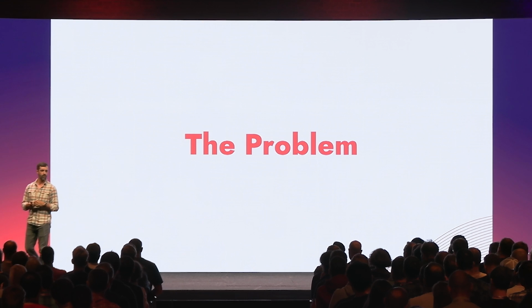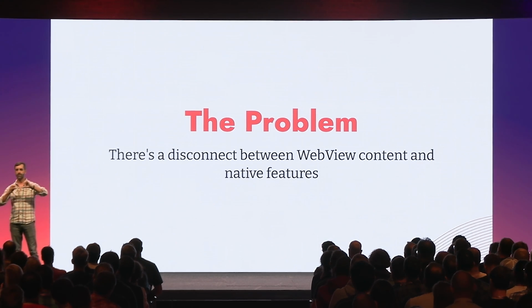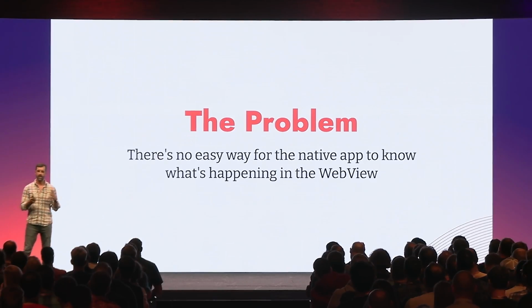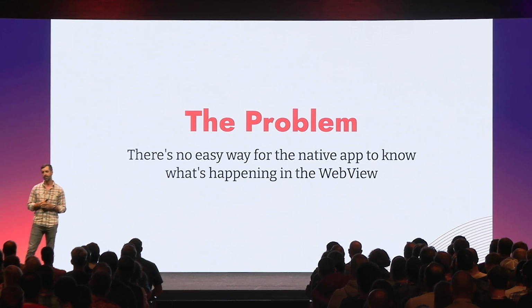So while we can decorate the web view with some native chrome around it, there is a problem. And that problem is there's a disconnect between the web view on the screen and the native shell and features of your application that you may want to deliver. There's no easy way for the native app to know what's going on in the web view.